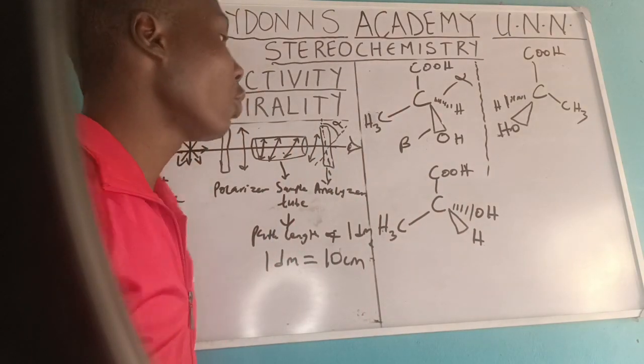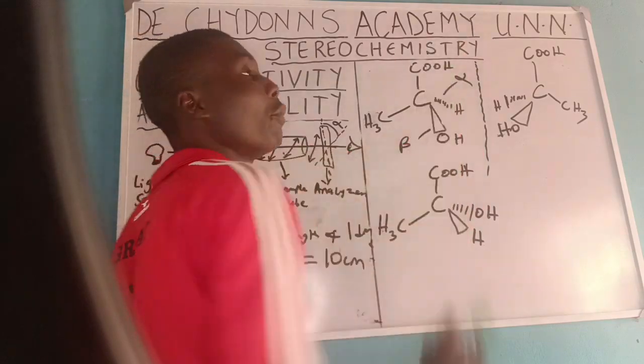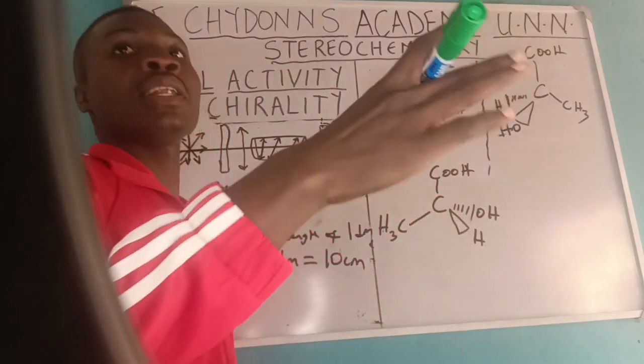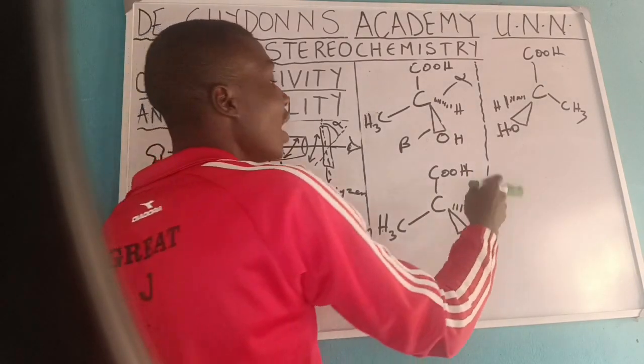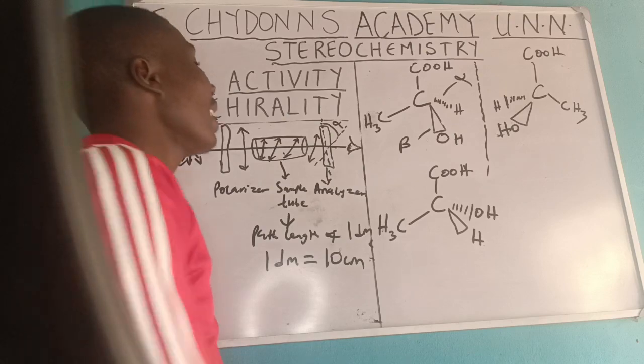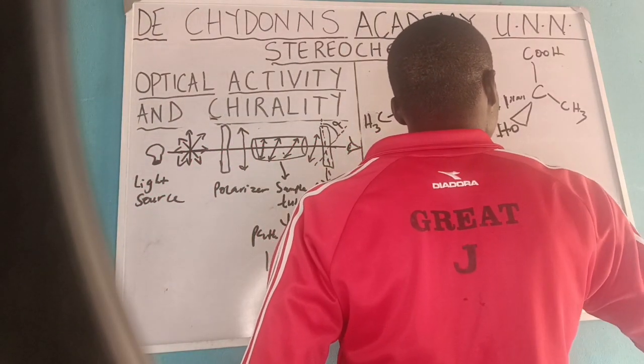Now look at this very closely. This image is the mirror image of this, but cannot be superimposed on this, because while hydrogen is going backwards and OH is coming out, in this particular mirror image, the OH is going backward and the hydrogen is coming out. So what we have here in lactic acid has optical activity.